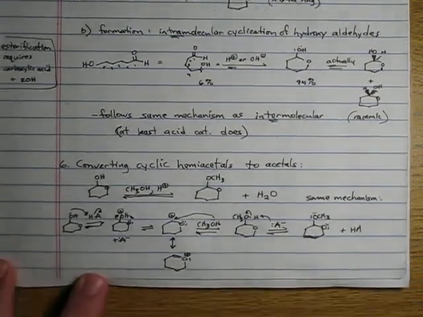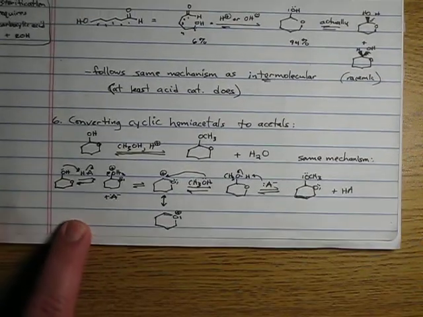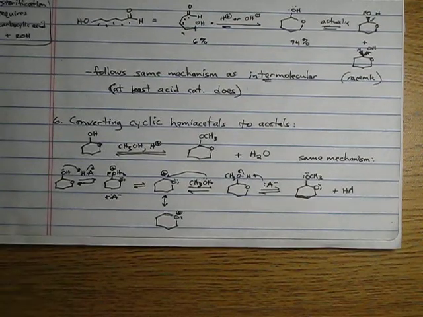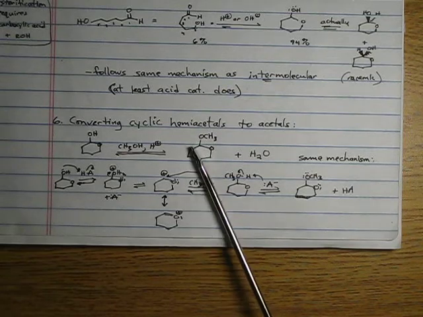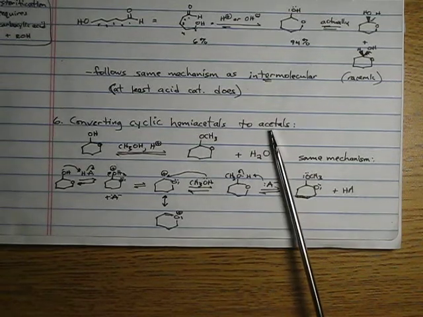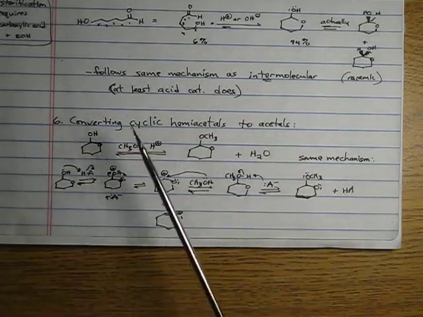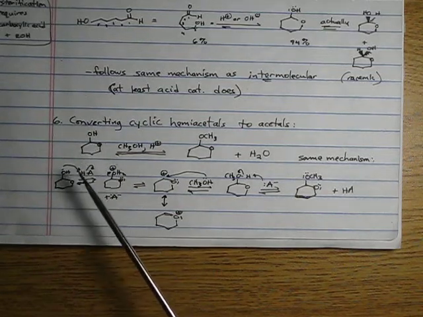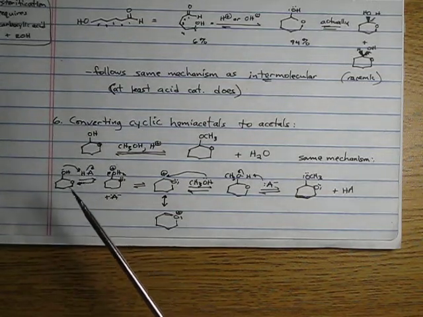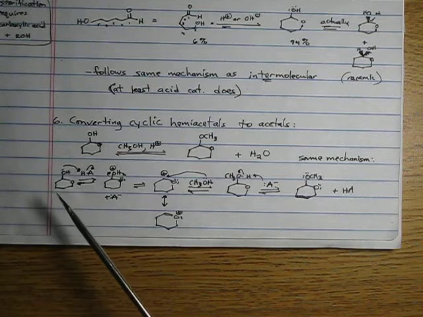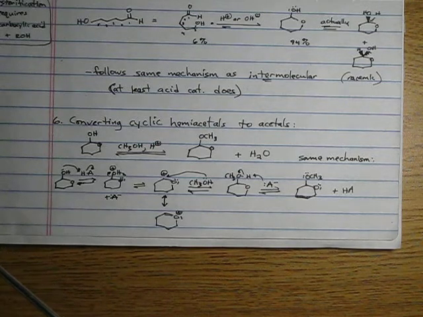Okay. But if you've made a cyclic hemiacetal, what if you want to go all the way to make the acetal from there? Actually pretty easy. We've got a hemiacetal. How did we go before from our hemiacetal to our acetal? Well, recall the hemiacetal was what we got after we added one equivalent of our alcohol to the aldehyde or ketone. Let's just throw in the second equivalent.